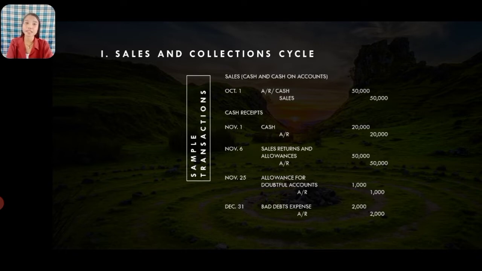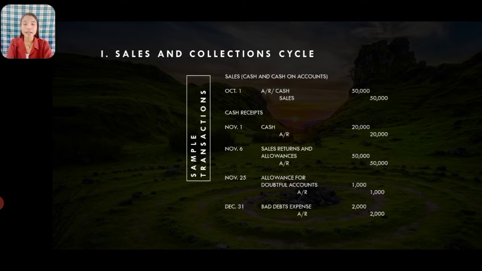However, if the customer doesn't want the products or goods that he purchased, he has the option to return them. So we will debit sales returns and allowances and credit accounts receivable.